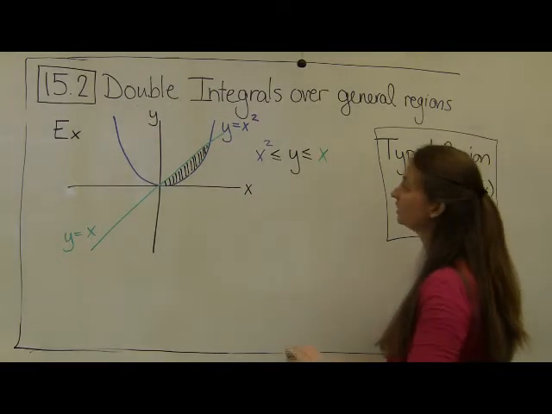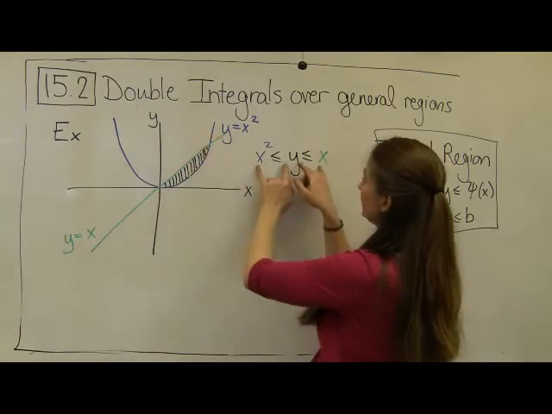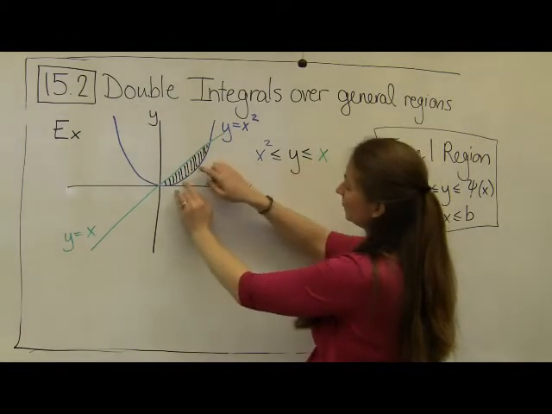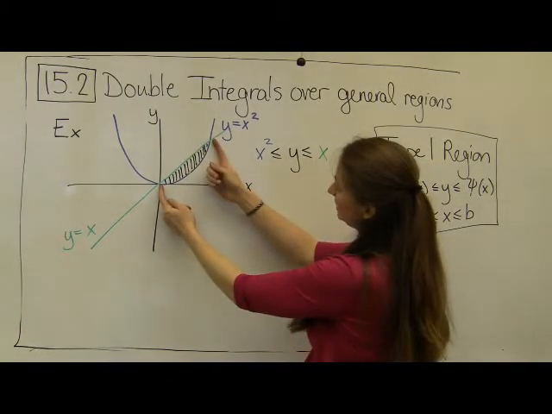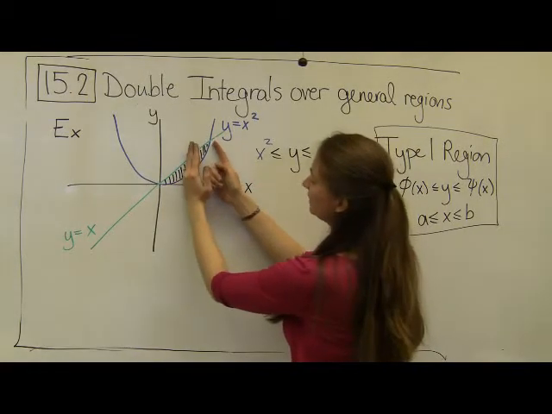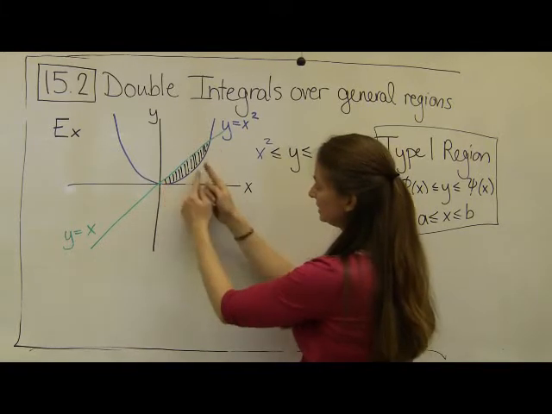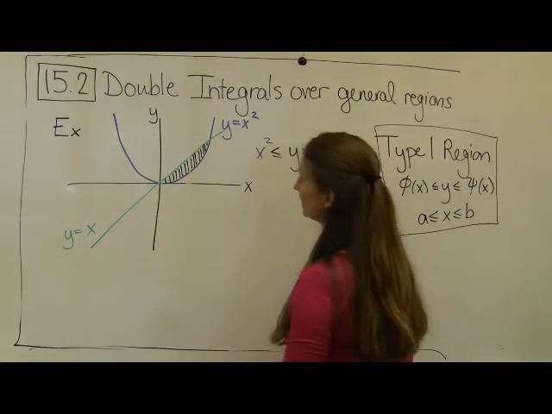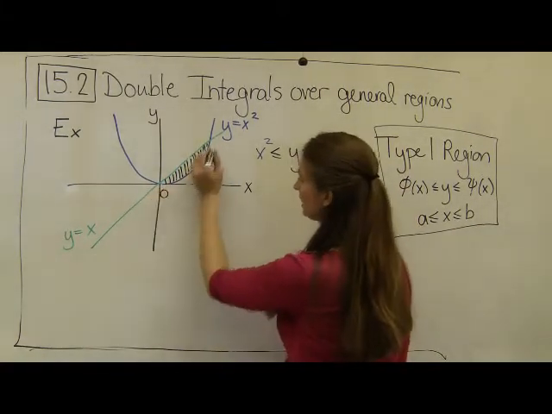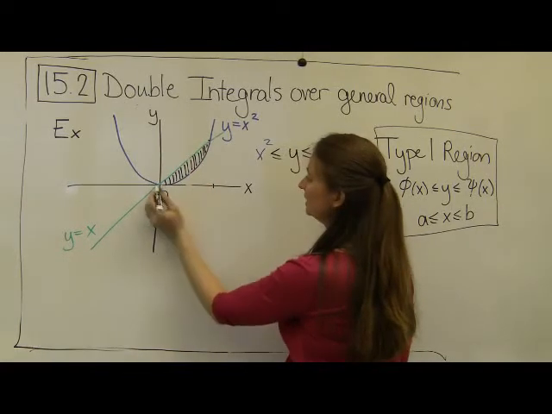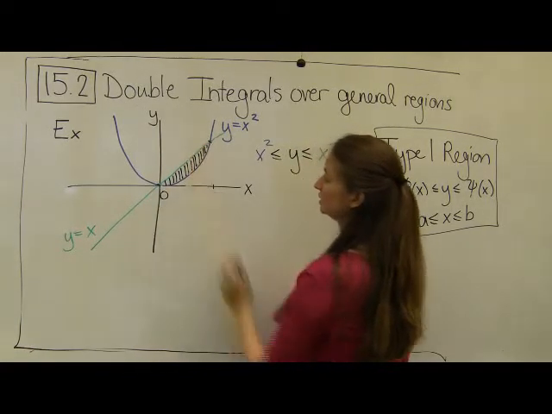To describe this region fully, I need to make sure that I cut it in the right places. If I only wanted half of it, my x values might stop here, but I want the entire region here. That means that my x values are going to go from this intersection point to this intersection point.